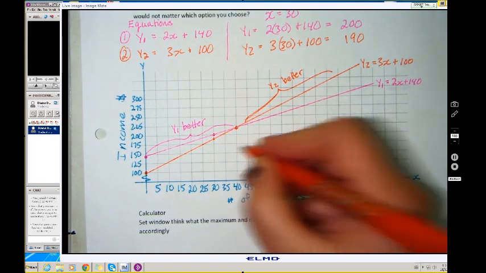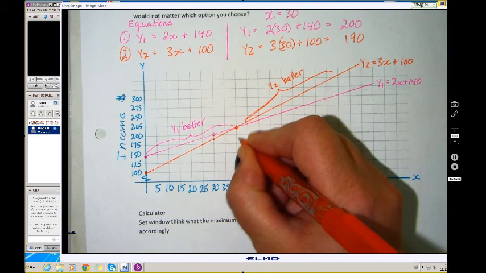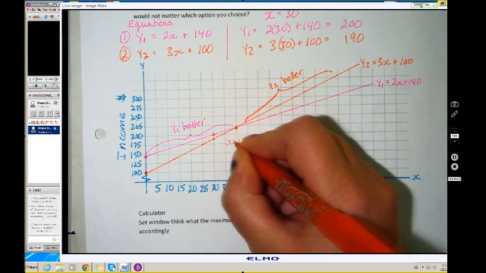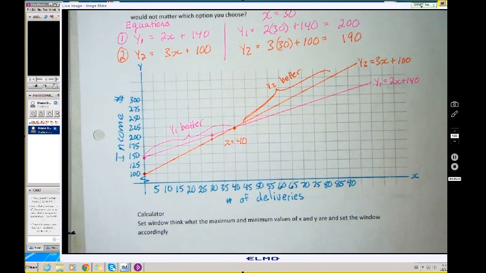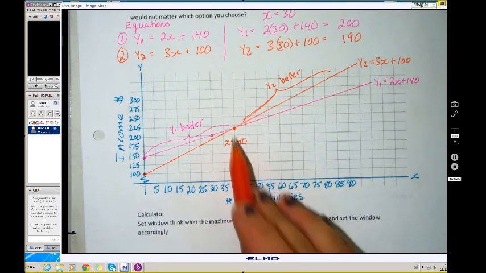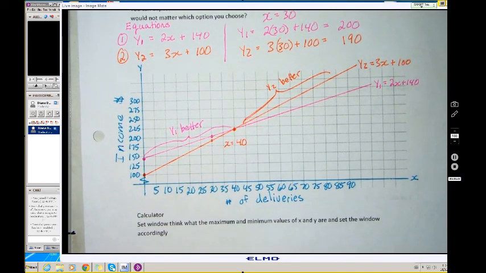So, when x equals 40, they are the same. How much is that? It's not right on the line, so we don't know. How could we find out what exactly it is? We know x is 40 deliveries.